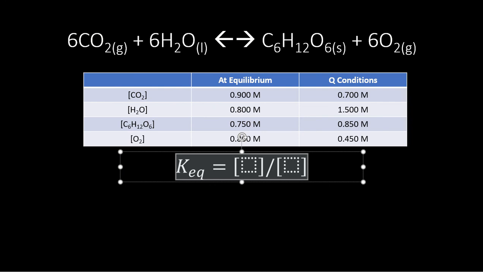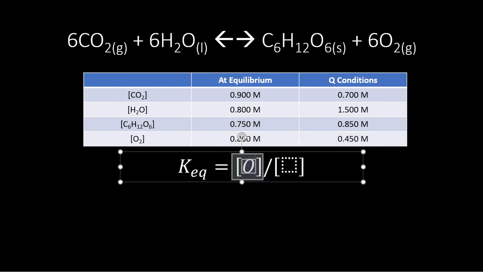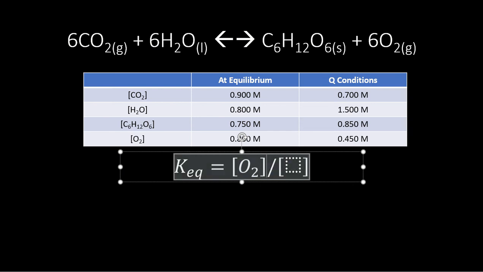As far as products goes, we have glucose, C6H12O6, but it is in the solid state, so we're not going to factor it in. We will include molecular oxygen. Its concentration will be involved in the equilibrium expression. And since the stoichiometry is 6, we're going to raise its concentration to 6.